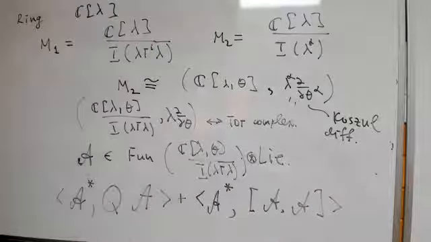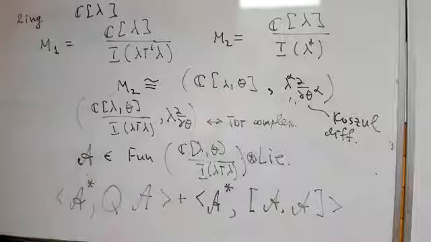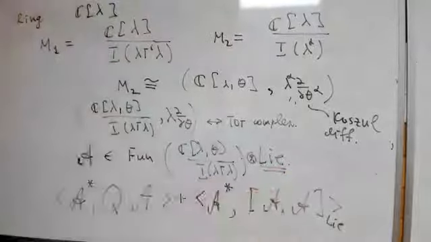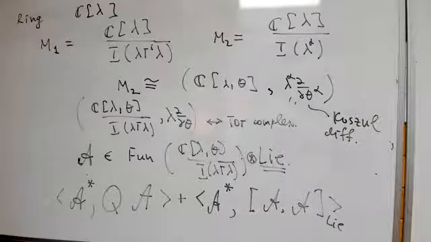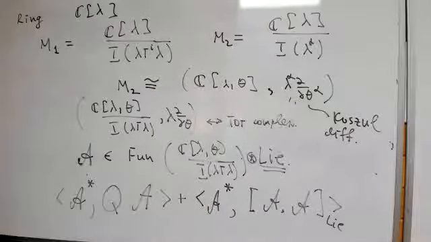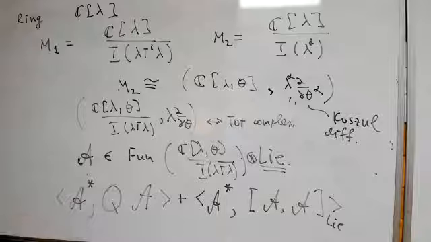Like in Chern-Simons theory, the bracket is the bracket in the Lie algebra. And here we have multiplication. And this works, so this solves the master equation exactly like BF theory.